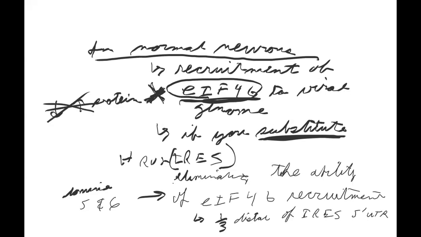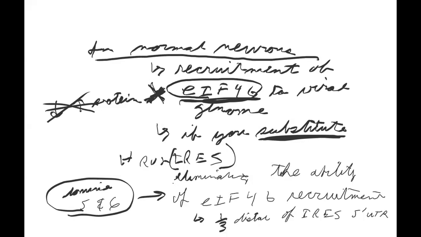They go down, right? So this is where the molecular biology comes in. If you substitute this IRES region, then you're eliminating the ability of the EIF4G to be recruited. Now, this happens to be in a domain in the IRES of about the 5-6 domain. It's the distal part of the domain of the IRES.